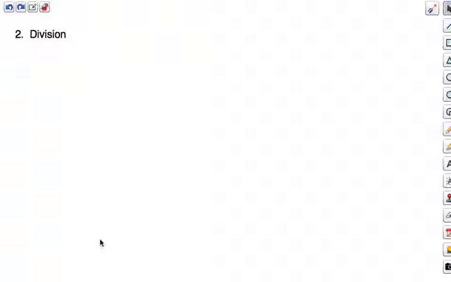Before we talk about how to divide fractions, I just want to review a term called the reciprocal, because this is something you'll need to know in order to divide fractions. When we say reciprocal, it means we are flipping our numerators and denominators.